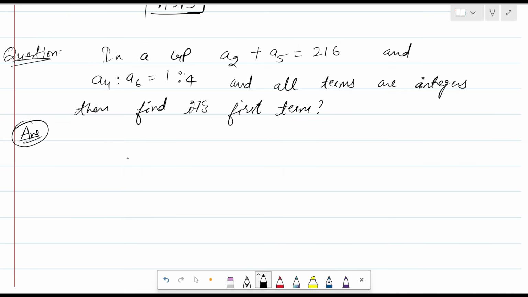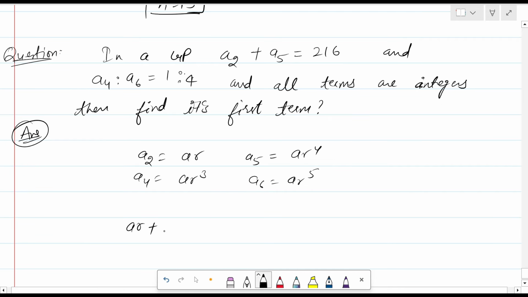So by the given data in the question, first of all, what is A2? A2 is AR, A5 is AR^4, A4 is AR^3, and A6 is AR^5. So A2 plus A5, AR plus AR^4, is 216.